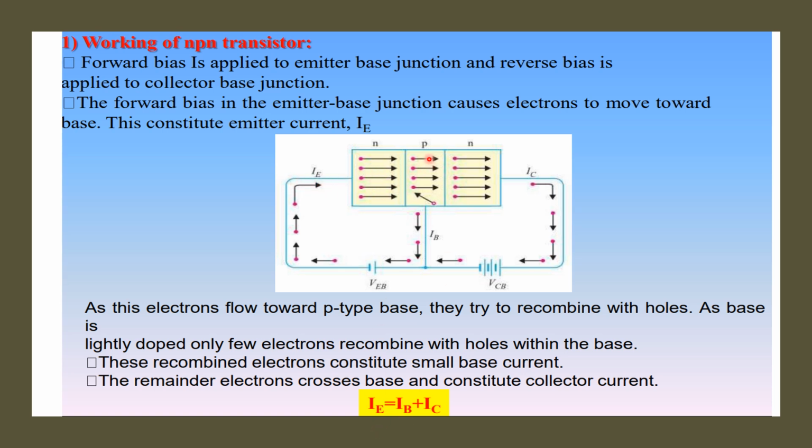IE is equal to the amount of electrons recombining in the base, which constitutes the base current, plus the electrons entering the collector, which constitute the collector current IC. So IE is equal to IB plus IC. Electrons move from the N side to the P side.